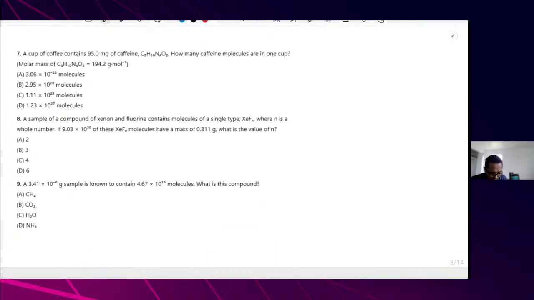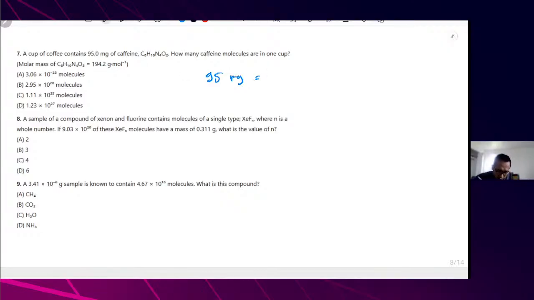And then, again, we can move on to another part. A cup of coffee contains 95 milligram of caffeine. How many caffeine molecules are in 1 cup? So molar mass is this one. Remember, this one is milligram.